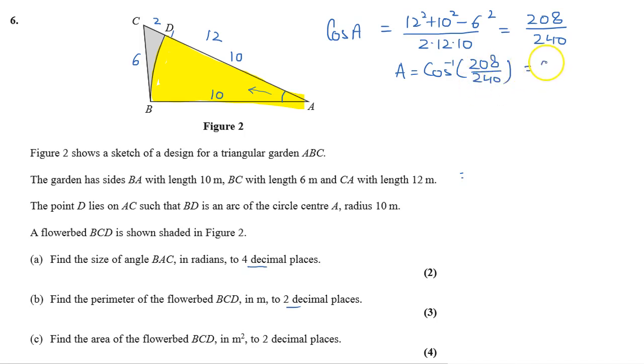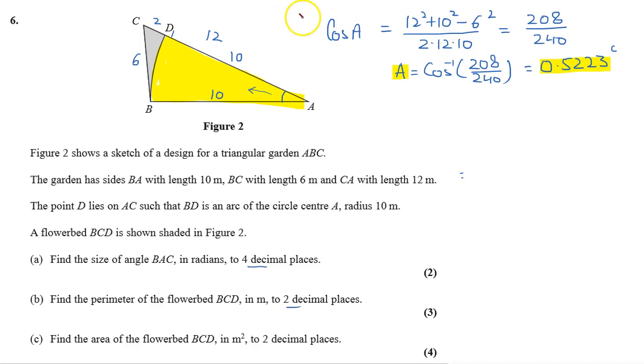That is equal to 0.522314, but we have to write up to 4 places of decimal, so 0.5223. This is the value of angle A in radians.